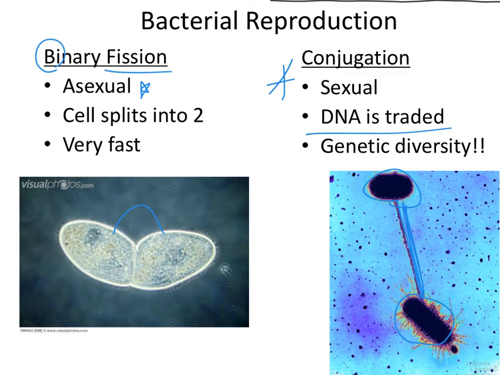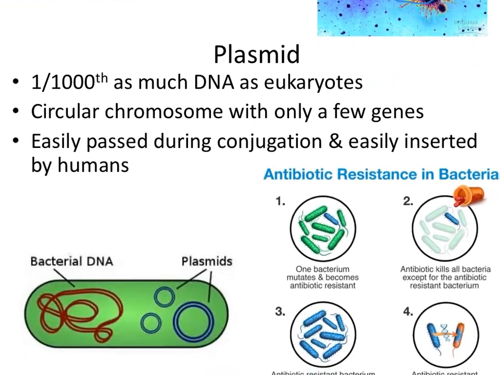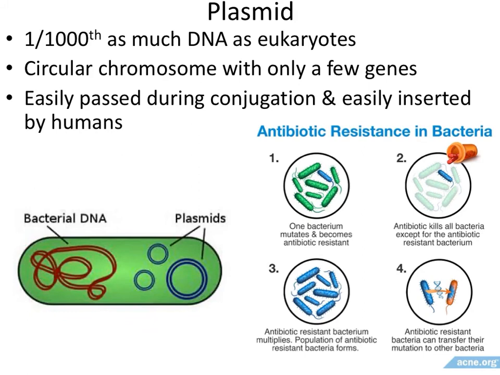The reason this relates to antibiotic resistance is because that antibiotic resistant gene is often traded in a population. To refresh your memory on antibiotic resistance, that mutation, that gene for survival, had to exist before the drug was put on the bacteria. The drug does not cause the bacteria to think, oh crud, I better switch my DNA.